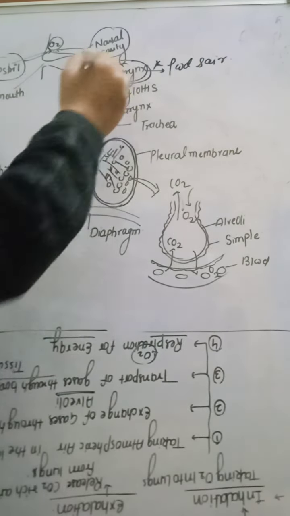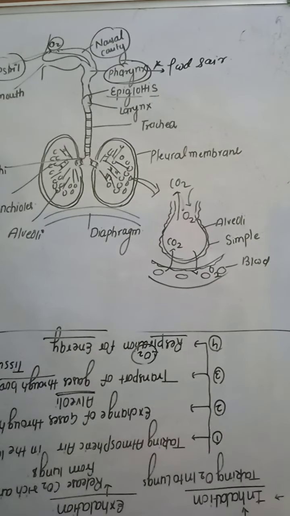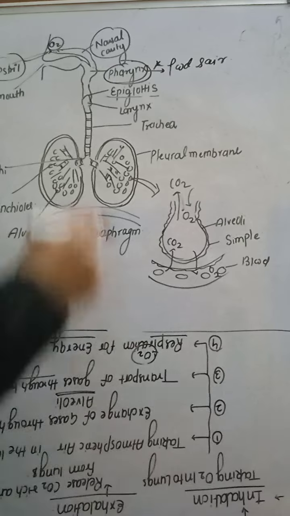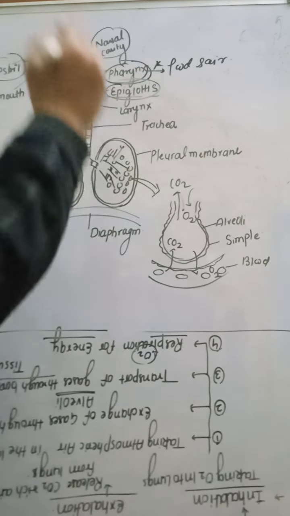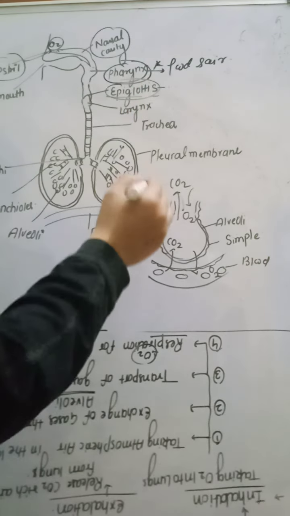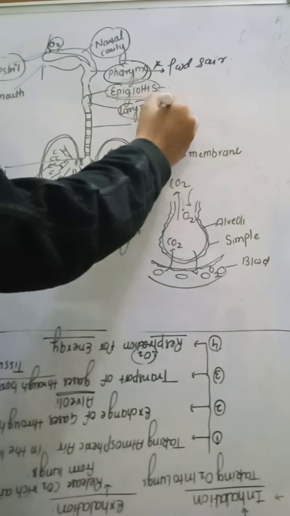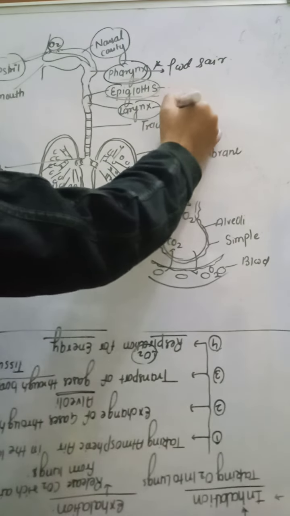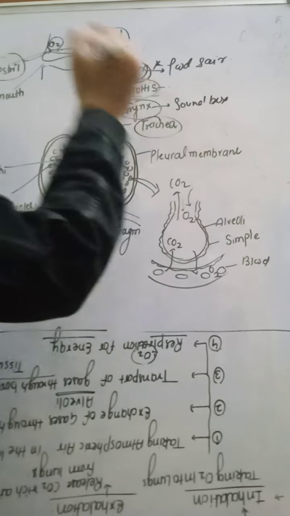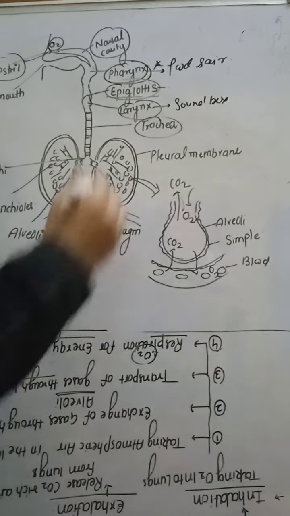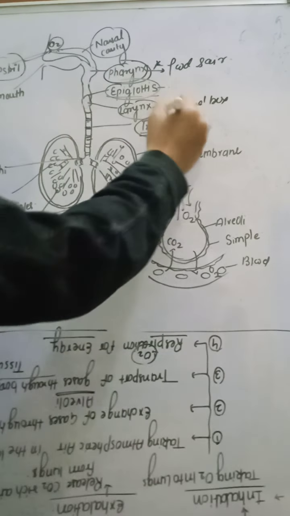Then the air goes to the epiglottis, a cartilaginous flap-like structure which prevents the entry of food into the glottis. Then this is the larynx, a cartilaginous structure which produces sound, called the sound box. And this is the windpipe, called the trachea, which contains incomplete rings of cartilage.